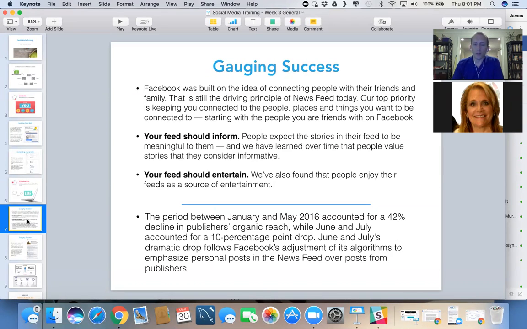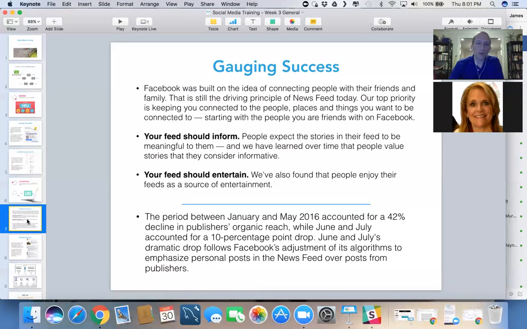Now, this bottom bullet, I will talk more about next week when we talk about Facebook business pages, but I put it in here for this point. It says between January and May of last year, a 42% drop occurred in publishers' organic reach.